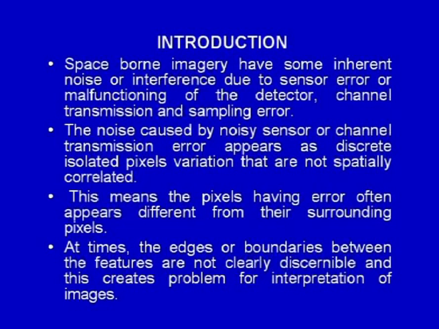This means the pixels having error often appear different from their surrounding pixels. At times, the edges or boundaries between the features are not clearly discernible, and this creates problems for interpretation of images.